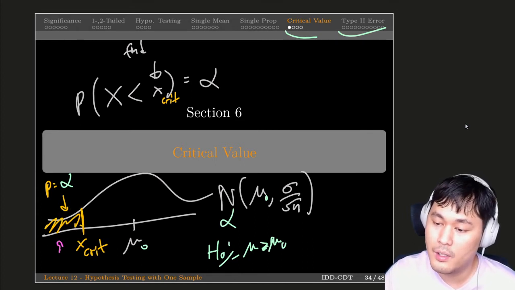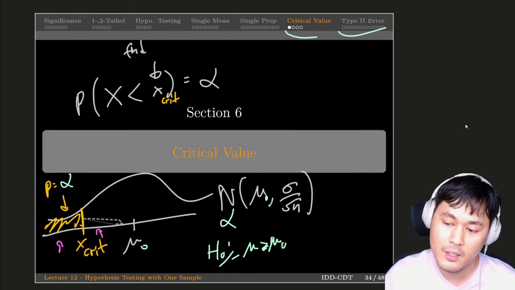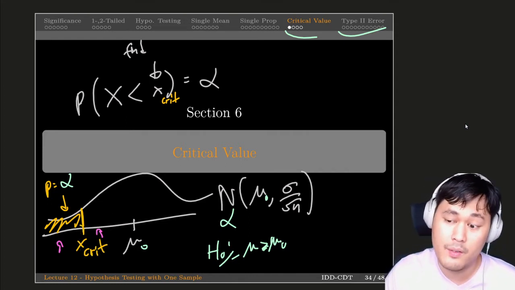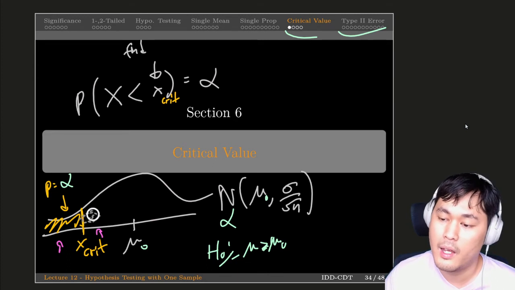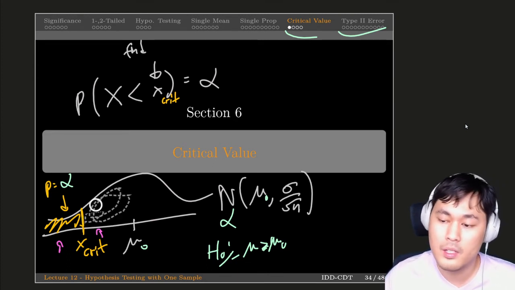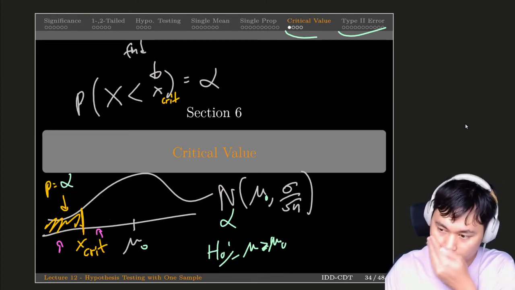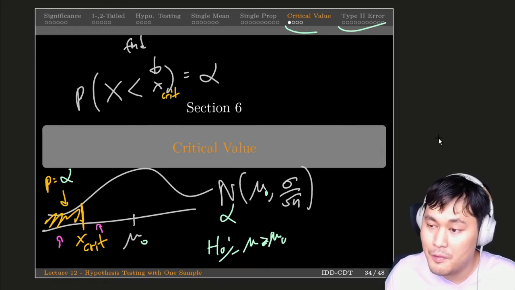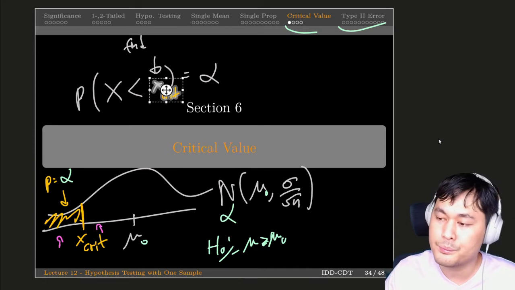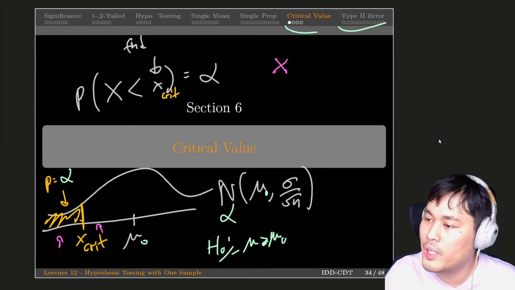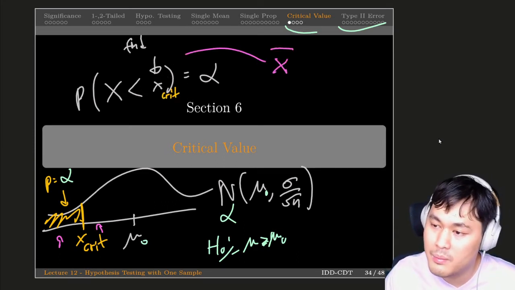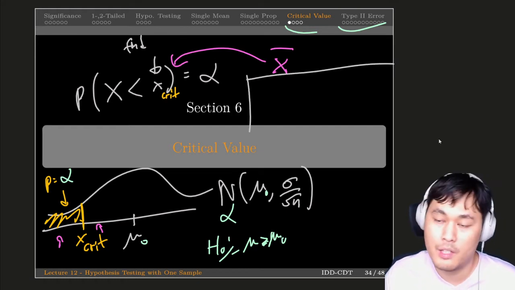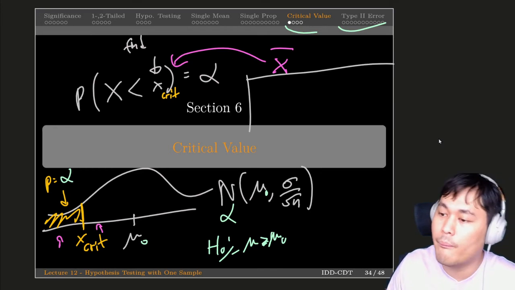If the sample mean is on the right of that critical value, then the area, the p-value, is going to be higher, so we do not reject. Of course we can do that, and this is exactly this part. So we can find this critical value, and once we get the sample average, you can simply compare, and that means we have an alternative way to perform the hypothesis testing.